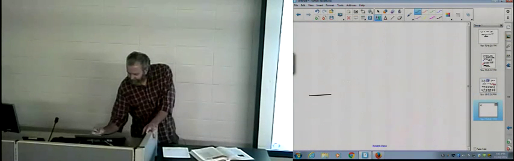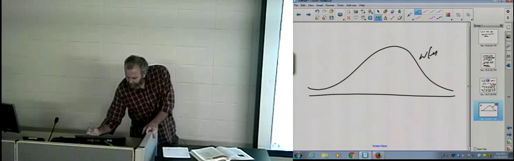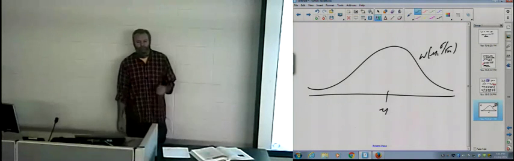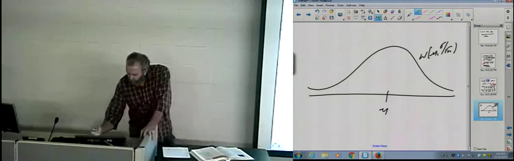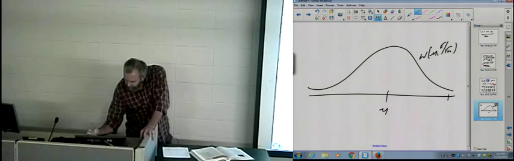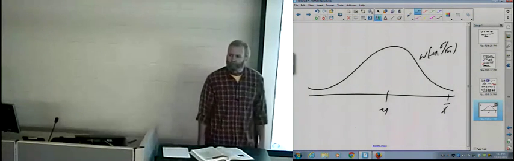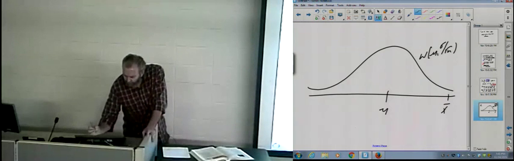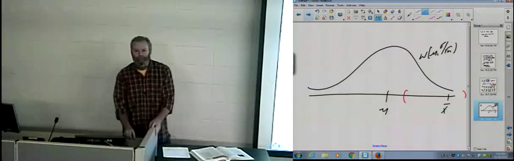Let's say that this is your sampling distribution. Okay? And we get an x bar here. Okay? And just for the sake of things, when I form my confidence interval, it does that.